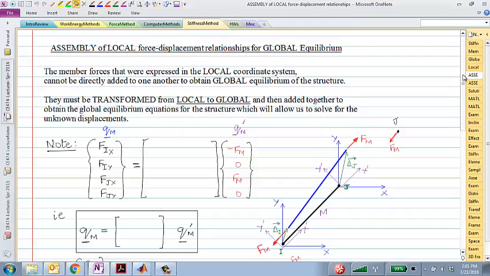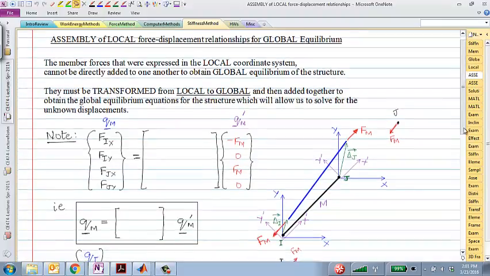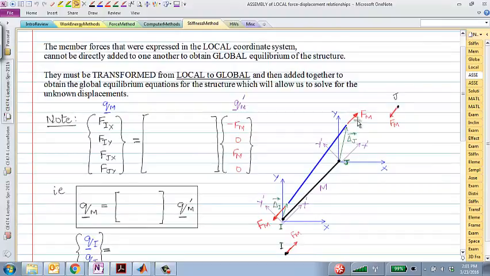And that common coordinate system is the global coordinate system, this x, y. So what we need to do next is to convert that 4x4 system of equations to a different 4x4 system of equations that is expressed in terms of global coordinates. Once I have forces and displacements for all elements in global coordinate systems, I can simply add them all together. Okay, so that's what we're going to try to do.